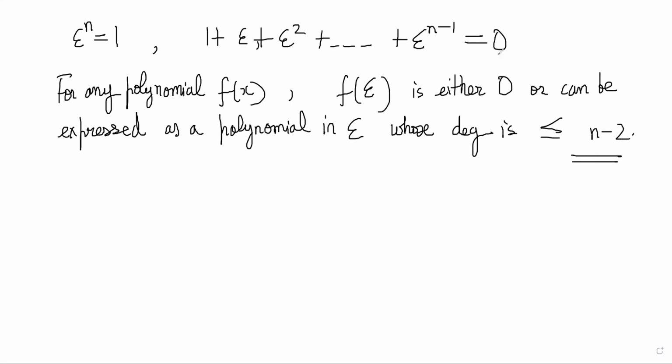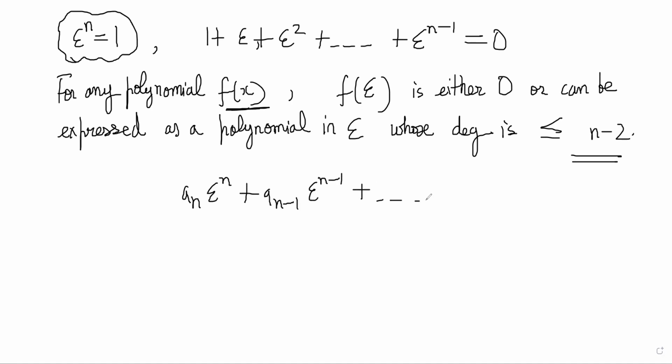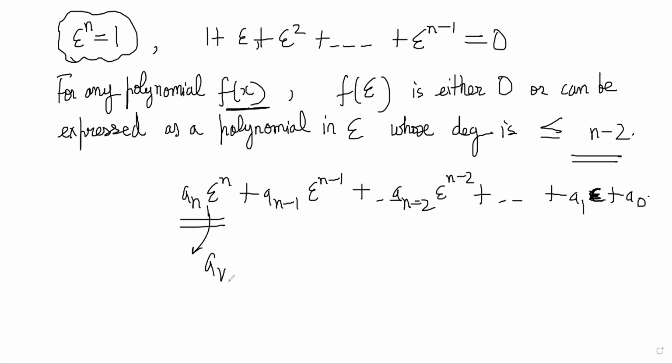What does this mean? If you have a polynomial f of x whose degree was n and you have epsilon power n is 1, then obviously when you replace x with epsilon, you will get terms like an epsilon power n plus an minus 1 epsilon power n minus 1 and so on, an minus 2 epsilon power n minus 2 till a1 epsilon plus a naught, right? So what we are saying is this term becomes a constant because epsilon power n is 1, and this term can also be removed by using this identity.